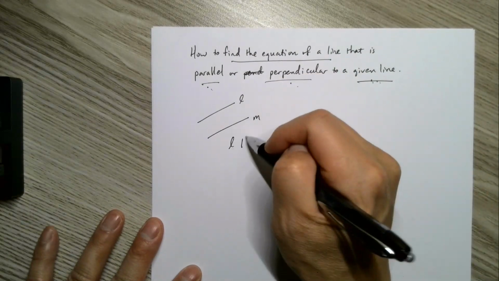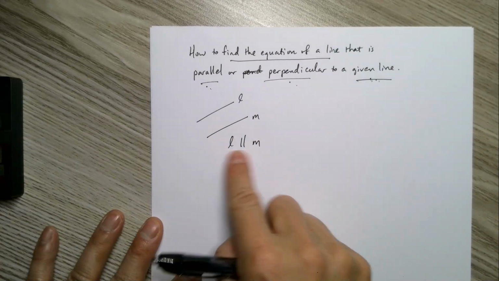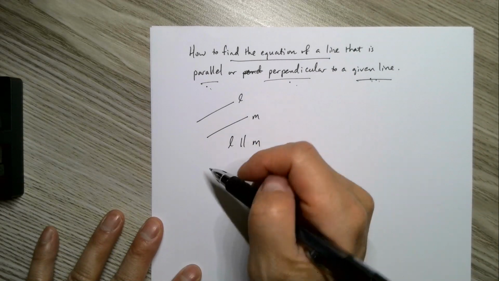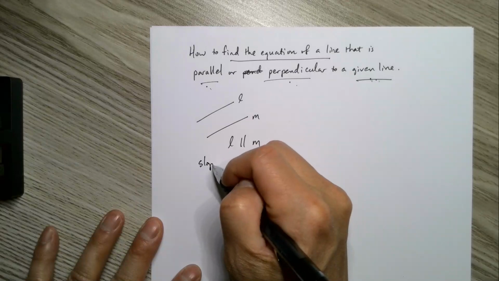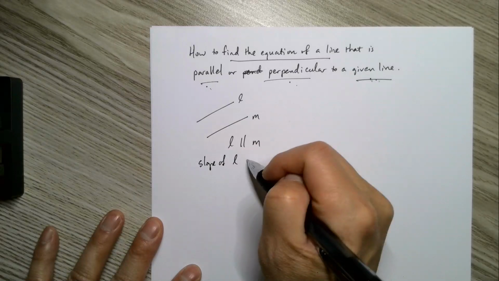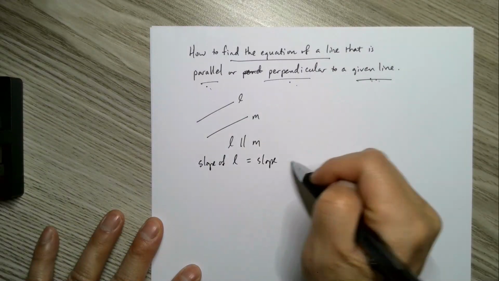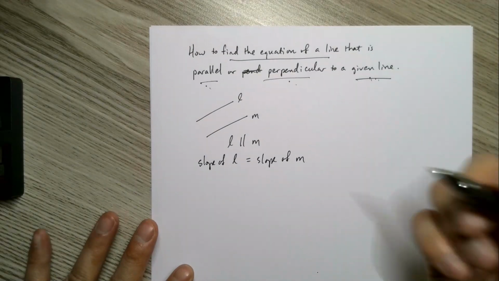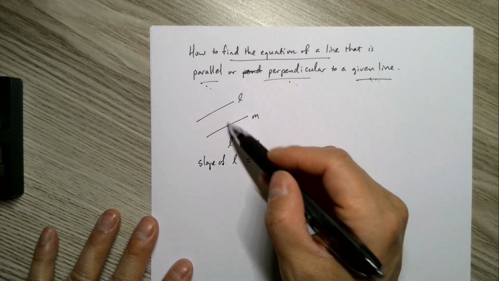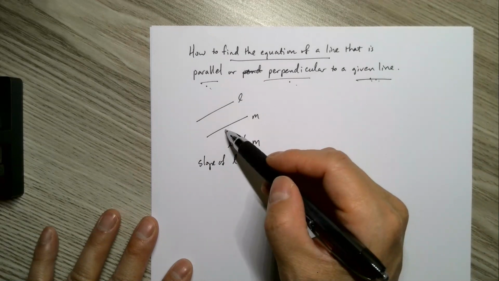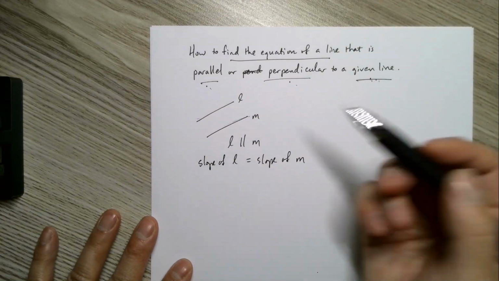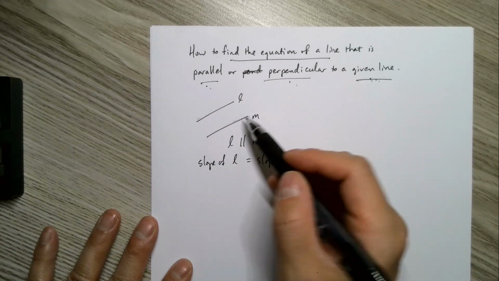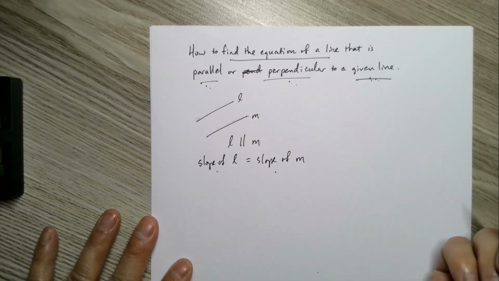If L is parallel to M, then that means slope of L equals slope of M. That's pretty intuitive. If these two lines never intersect, they're parallel, and if they're parallel, they're going in the same direction. Therefore, they have the same slope.